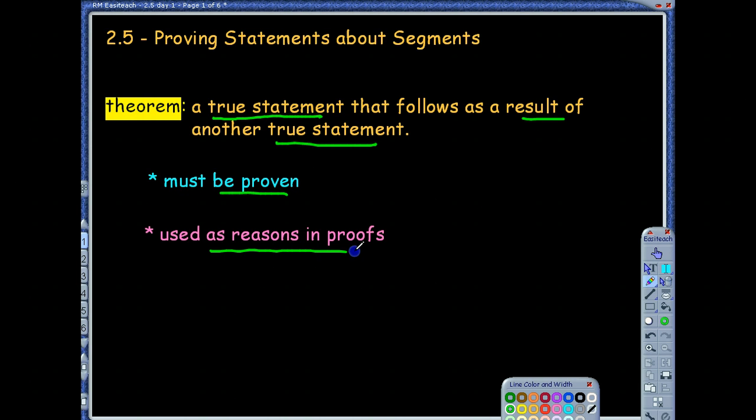Again, they can be used as reasons in our proofs. So far we've used what kind of reasons in our proofs? So far we've used definitions, postulates, and some different properties like symmetric or transitive, the more algebraic ones. Because we're going away from algebraic proofs, we're not always going to use properties of equality. So that's why theorems are going to be handy for us.